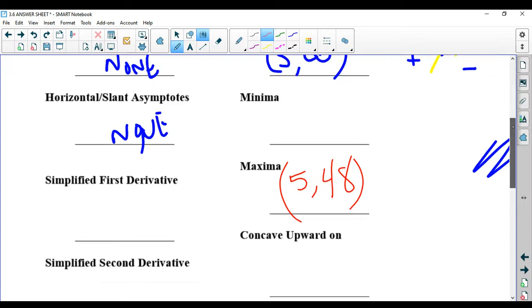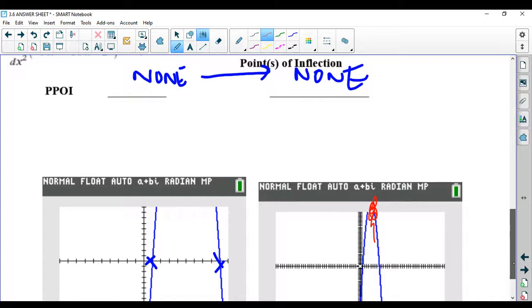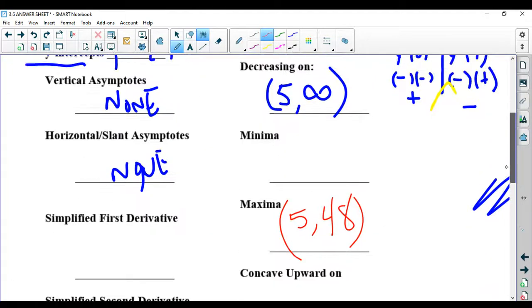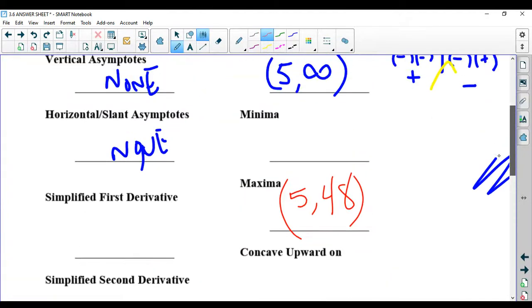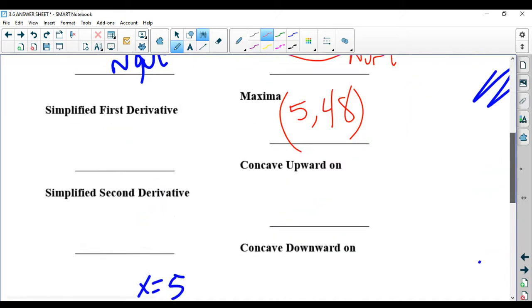Now, if you look at the graph again, does it look like this is 48? Sort of does, way up here, and it definitely is a maximum. You can use the maximum calculator on your calculator to confirm that. There's no minimum, and that's what the graph also shows.